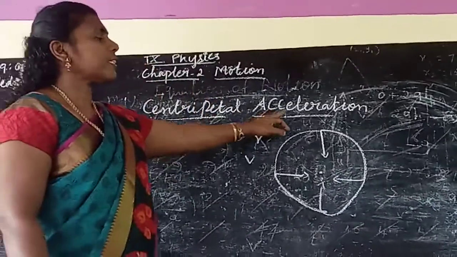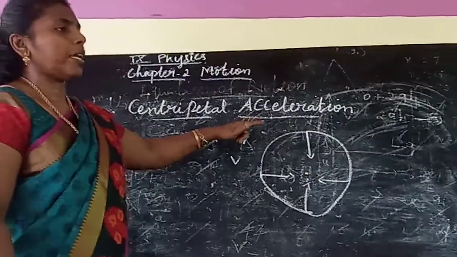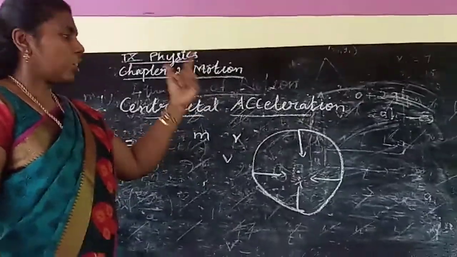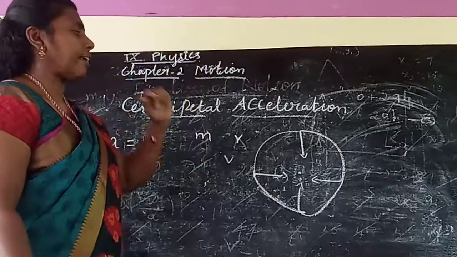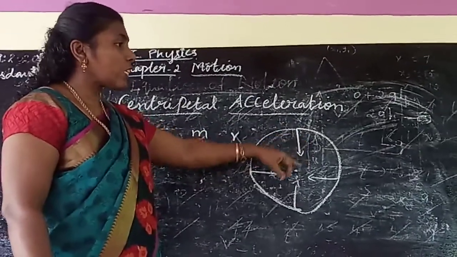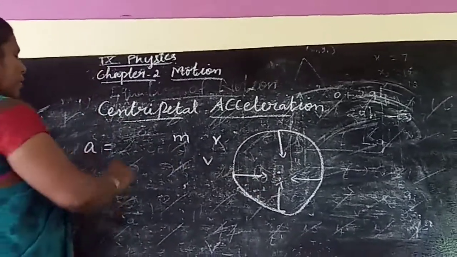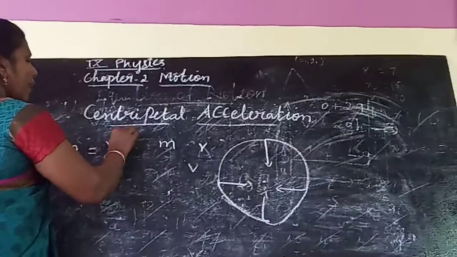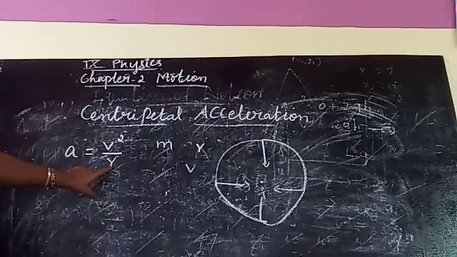Now when it rotates with a constant speed, the velocity changes. The acceleration of the string, when we are rotating it, moves inward along the center. So that acceleration a equals v square divided by r. What does v mean? Velocity.